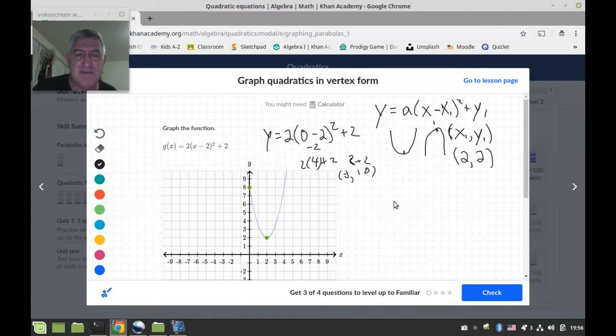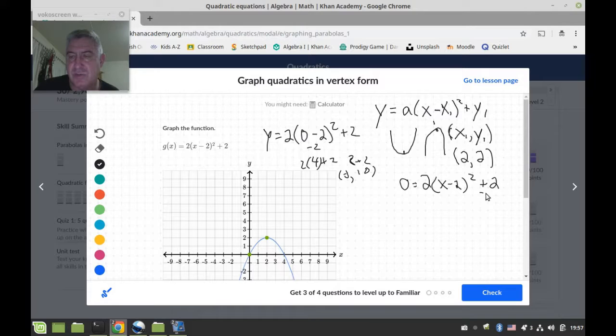So instead, we're going to find the x-intercepts, where y is equal to 0. So I'm going to set 0 equal to 2 times x minus 2 squared plus 2.